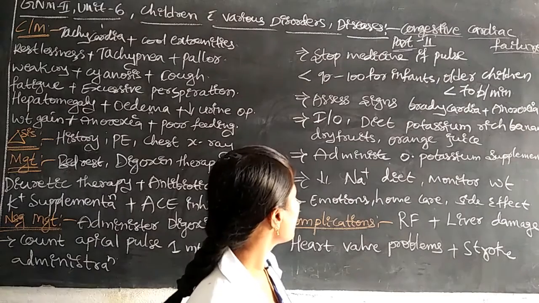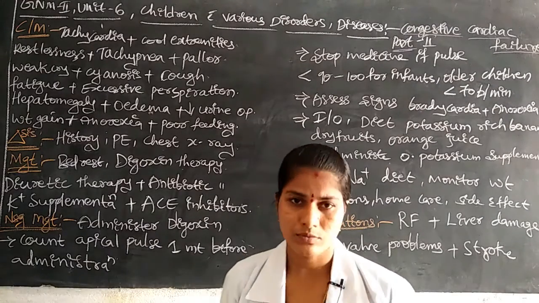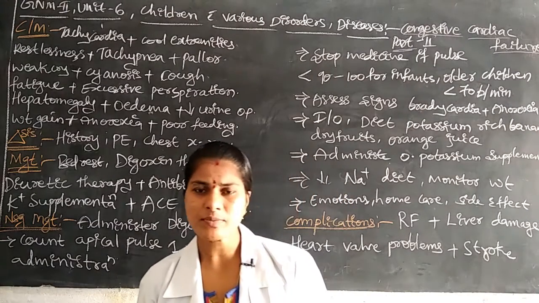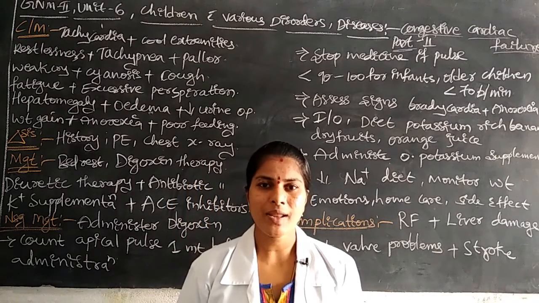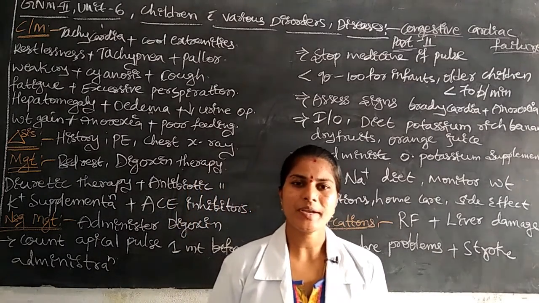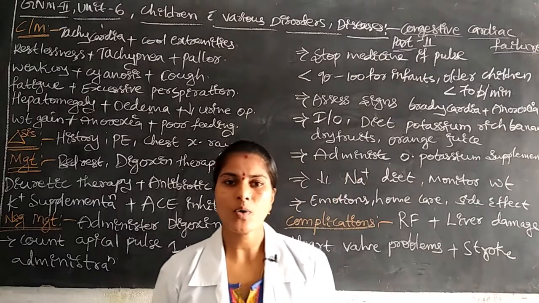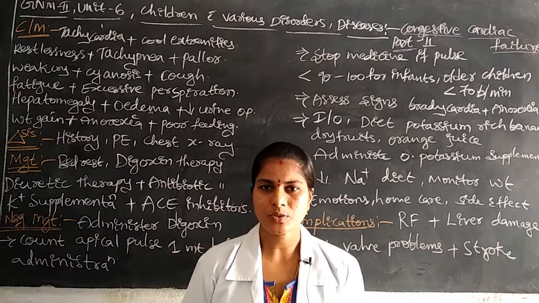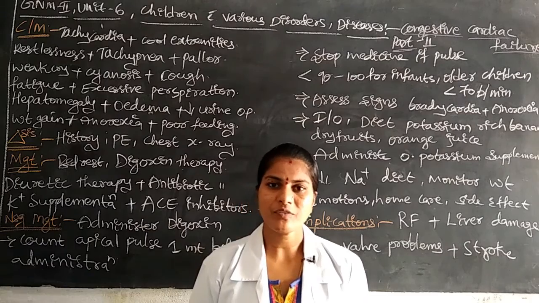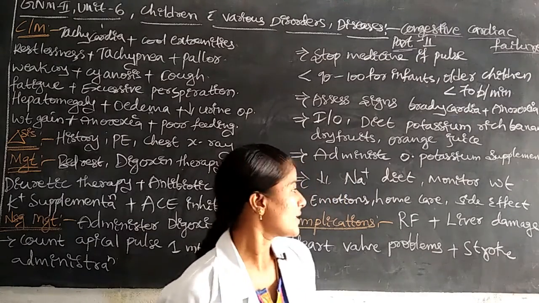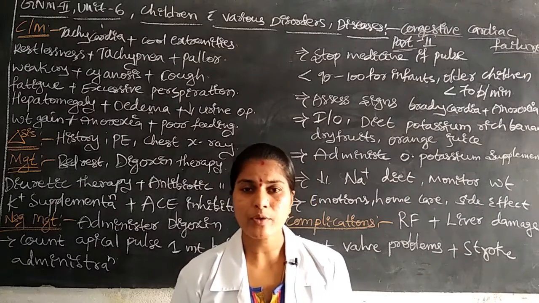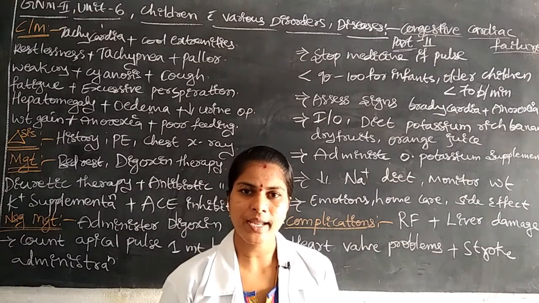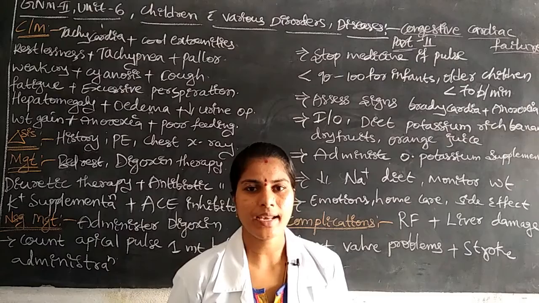If the potassium in the blood or body is low, we have to immediately administer oral potassium supplementation. The low sodium diet is also given for maintenance of their health.